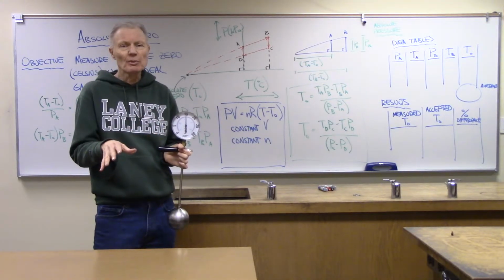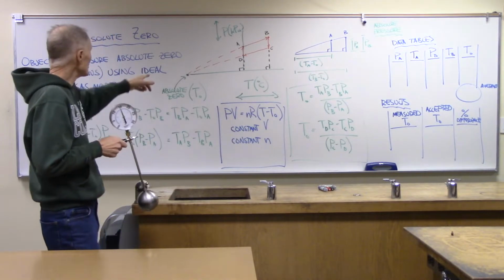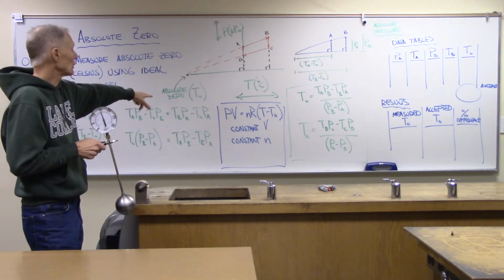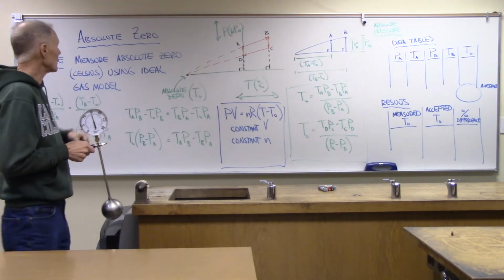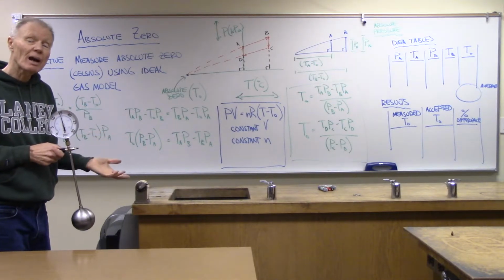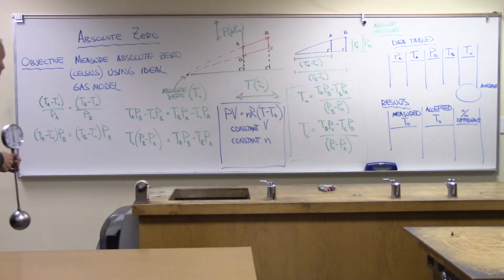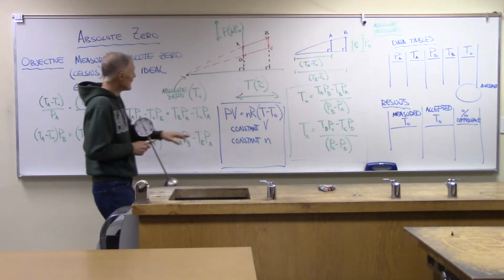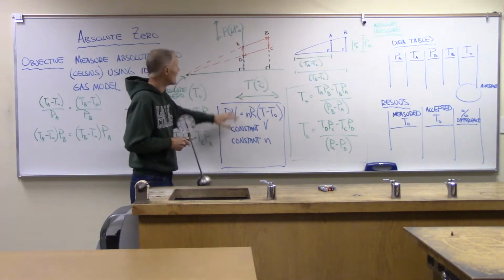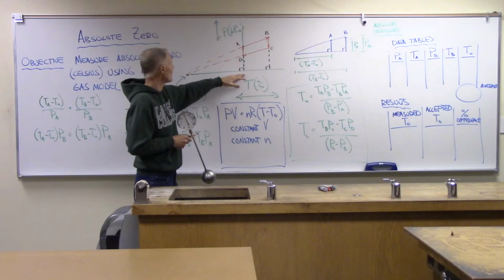We're making adjustments for that, and then using this ideal gas model to figure out where absolute 0 would be. Okay. So again, we're using this constant V, constant N. It gives us a graph that looks something like this.